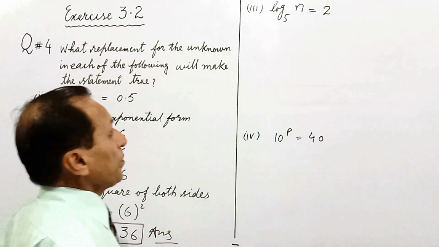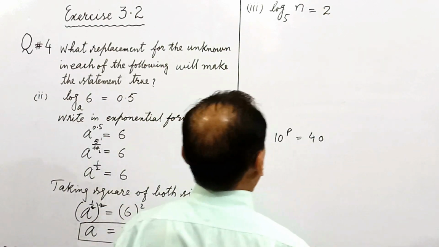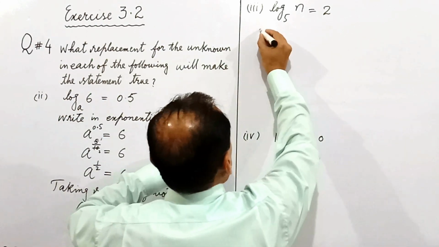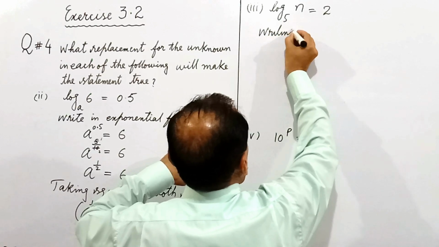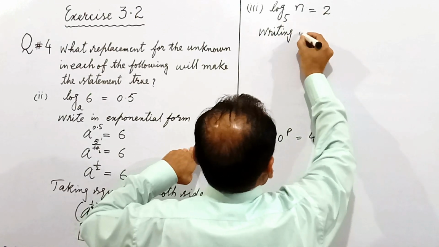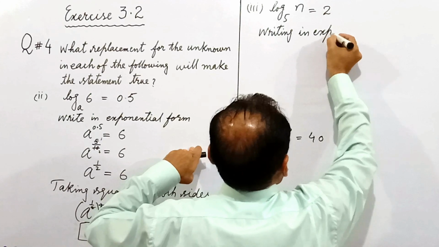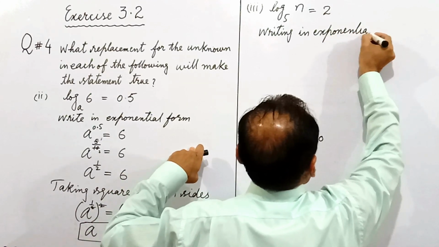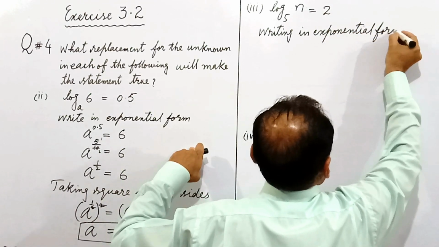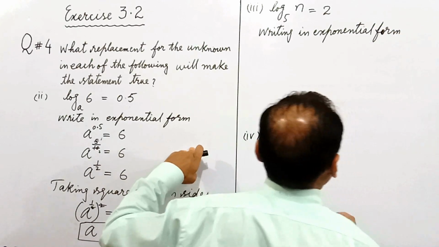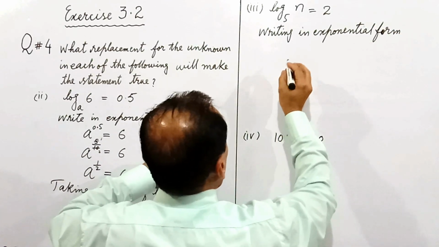Now we move to part 3, in which there is another logarithmic form. So writing in exponential form according to the definition of logarithm of a real number.